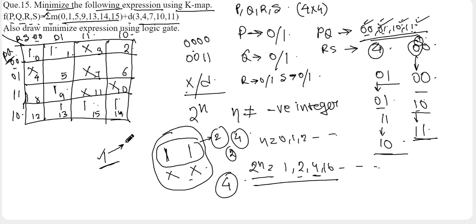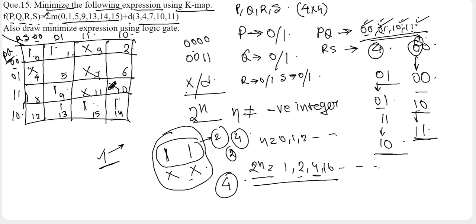Okay, so in this case we will see if we can make groups of 1s in the size of 2 to the power n, and we will also see if we can increase the size of the group by including the don't care terms. Okay, so in this case, as we can see, this is 1 and this 3 are don't care terms.